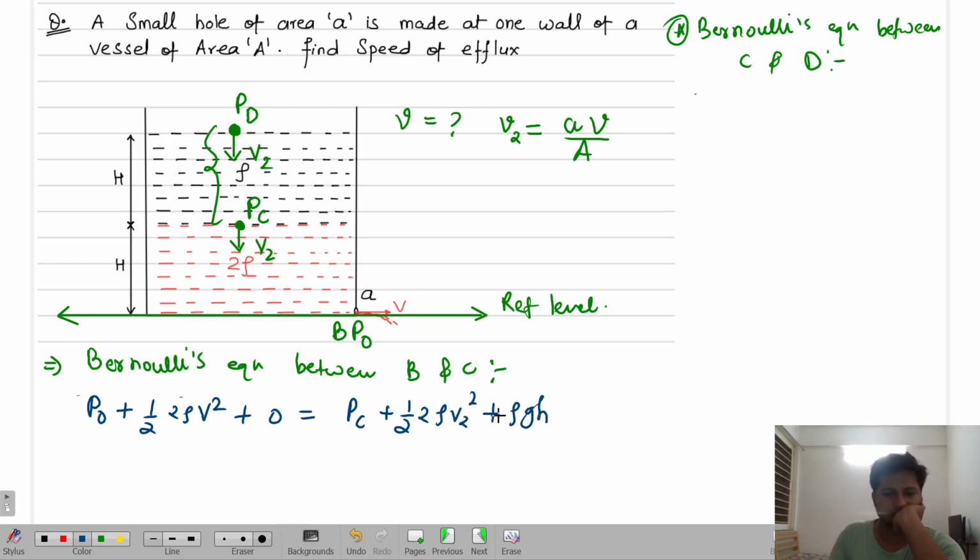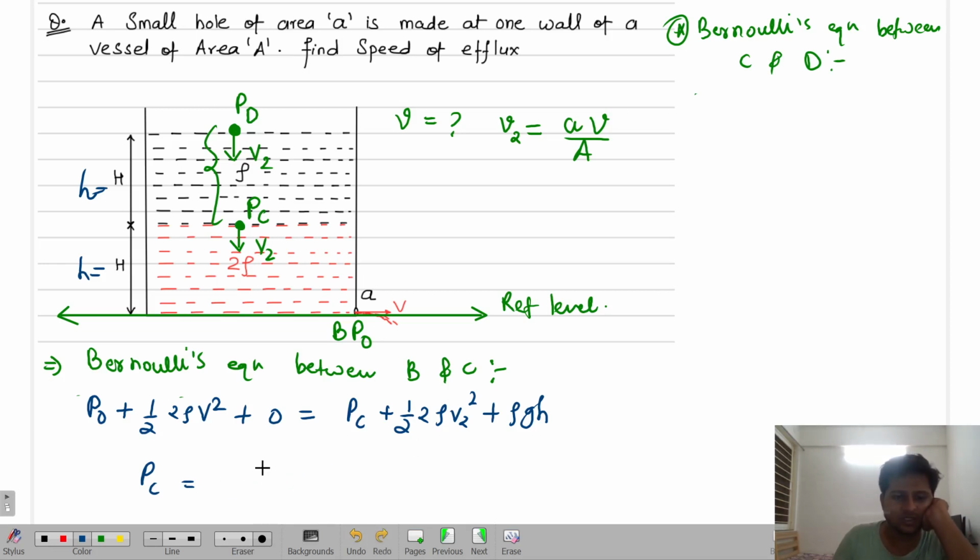Are you able to get me? H is similar to a small h, because I usually use a small h. So this is twice rho only. So PC is P naught minus rho v square. This is the whole equation.